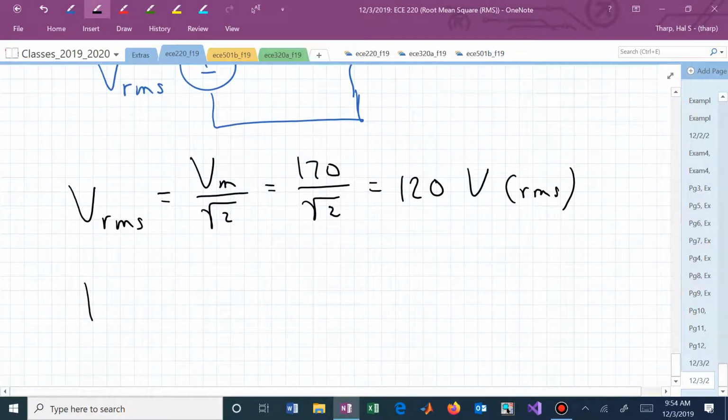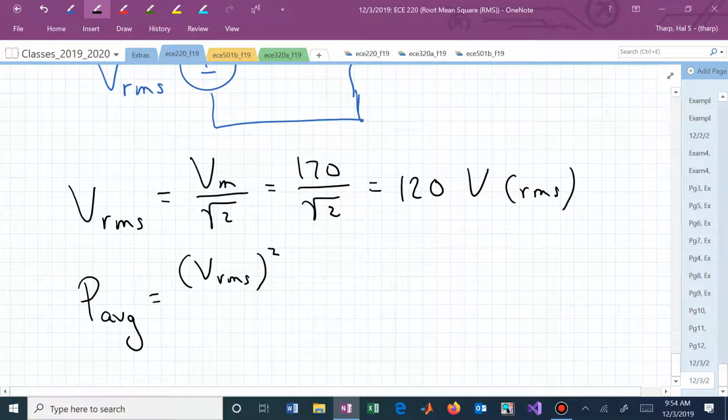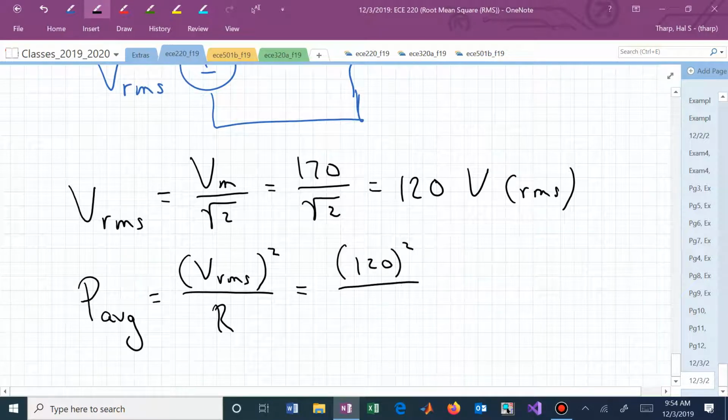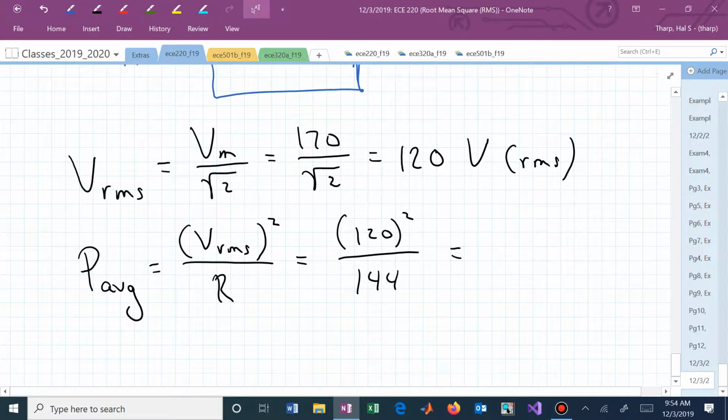That now allows us to say, oh, the average power of that resistor, we just square that and divide by R, and that 144 resistance was conveniently selected.